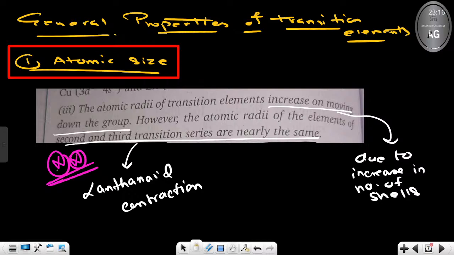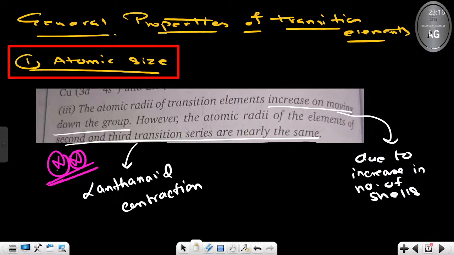You cannot separate them by using normal methods. Zirconium and hafnium compounds, Zr4+ and Hf4+. Clear? So one and only answer that will be accepted is lanthanoid contraction. Due to lanthanoid contraction, there is a similarity in size of the second and the third transition series elements. Clear? Please mark this because it's a very important question.